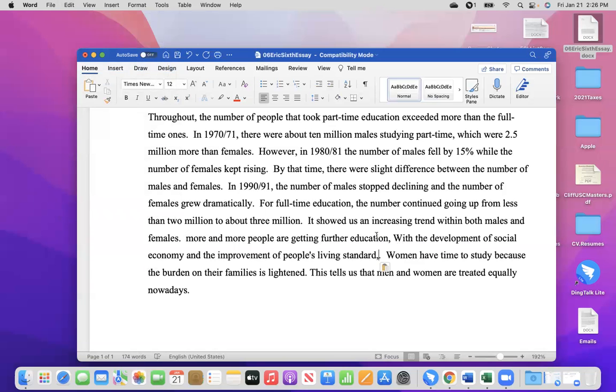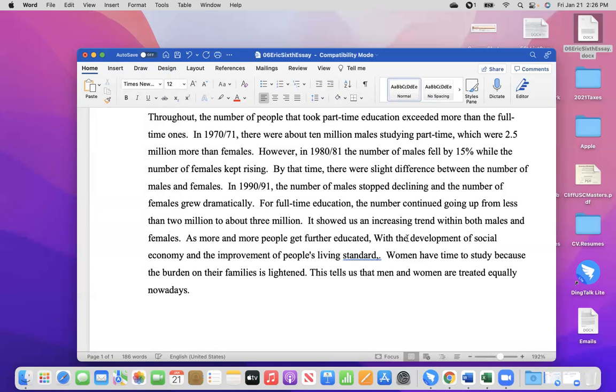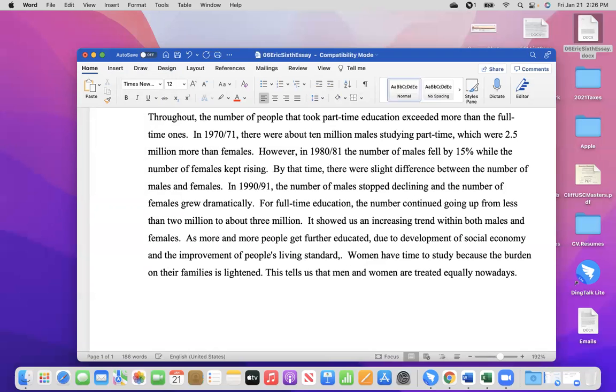So I would say as more and more people get further educated, due to developing economies. Maybe I would do this, so switch it.